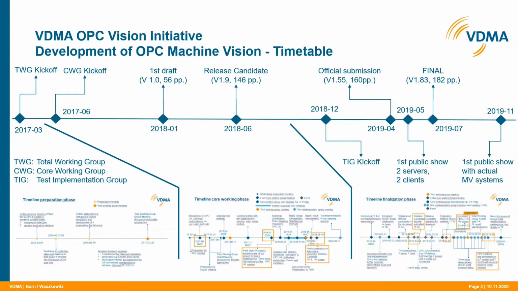It took another year to smooth out all the kinks and reach the final version, and as you can see, the intensity of the work, if anything, did increase, not least because we brought into being the test implementation group. Its purpose is twofold: checking that what we had specified was actually implementable and usable, and creating a demonstrator to showcase the specification to the public, which we did for the first time on the SPS 2019, again about a year after starting the work.